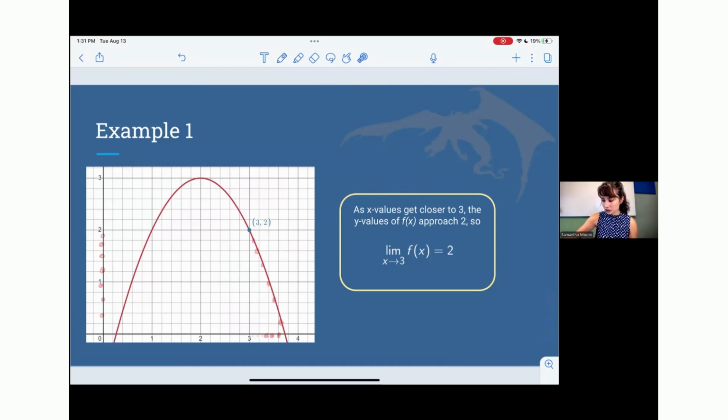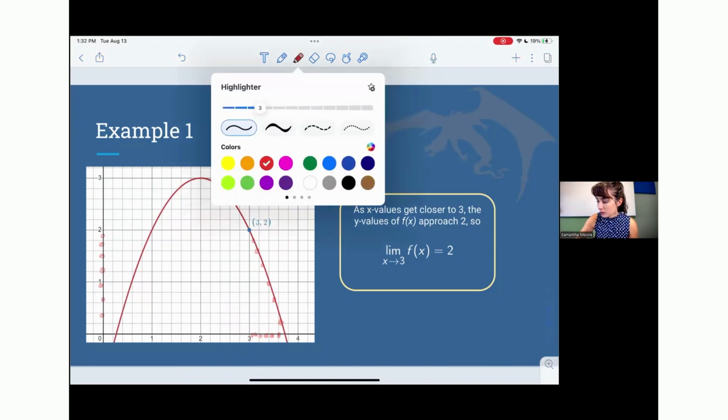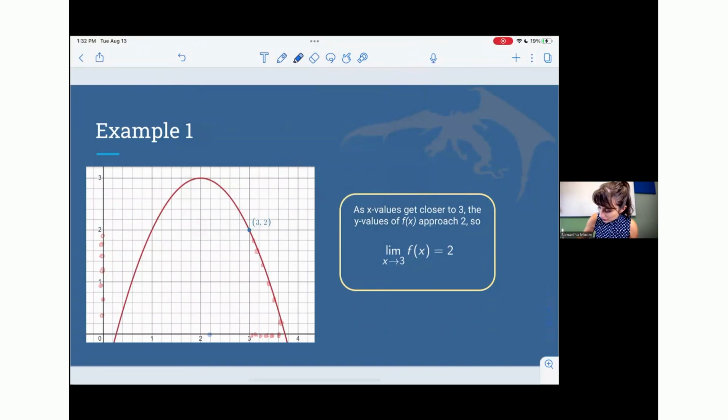And that's actually also true, and it's important to check this from both sides. This is an example of checking from the right side. We're going down to 3, and our y values are getting close to 2. It's also important to check from the other side. If my x values are going up to 3, what are my y values doing?